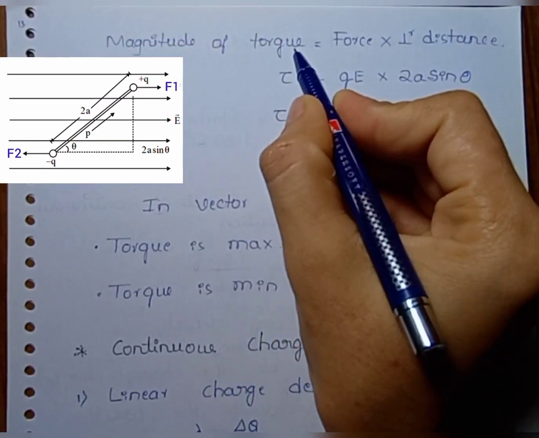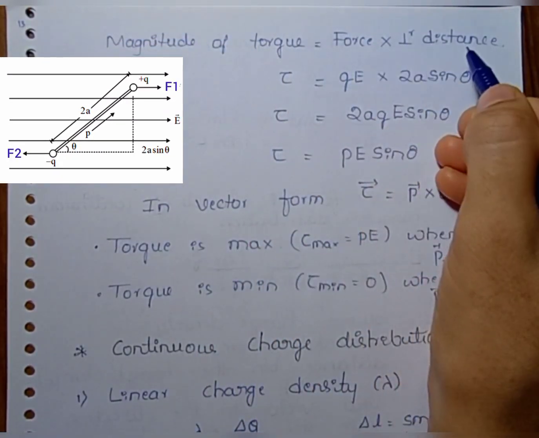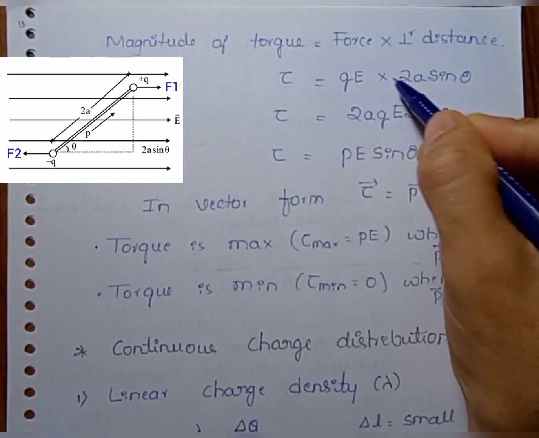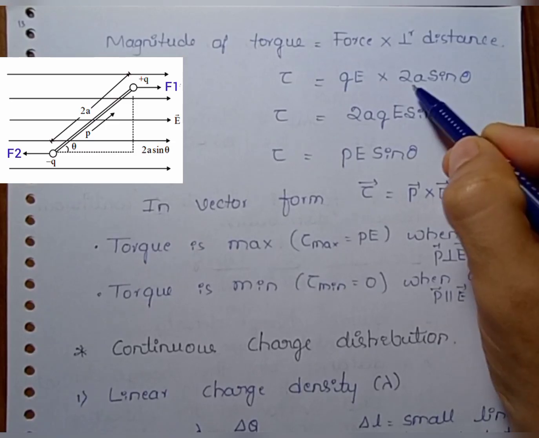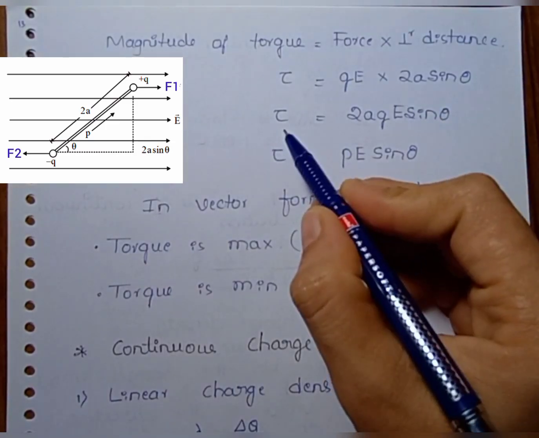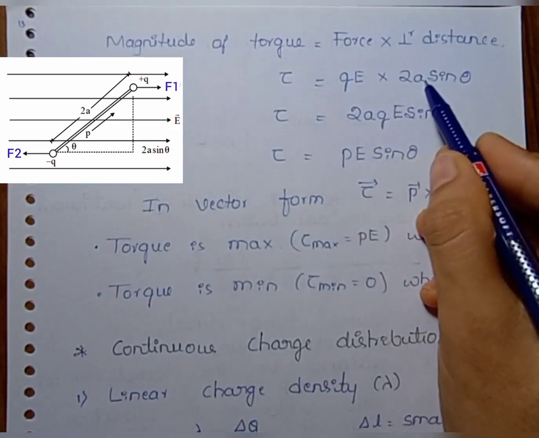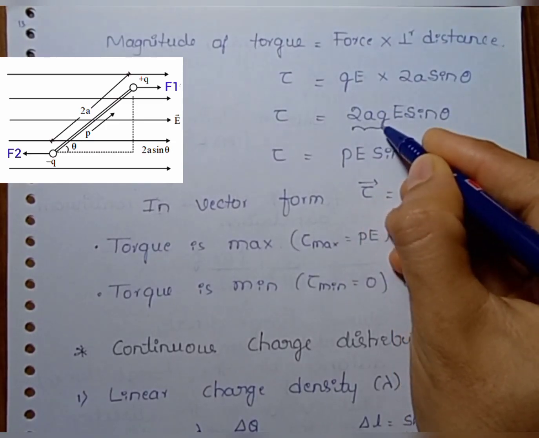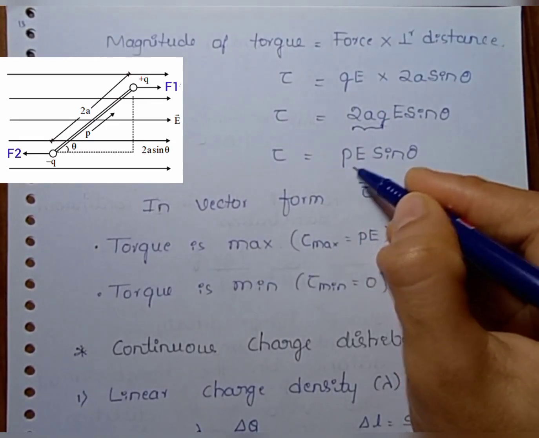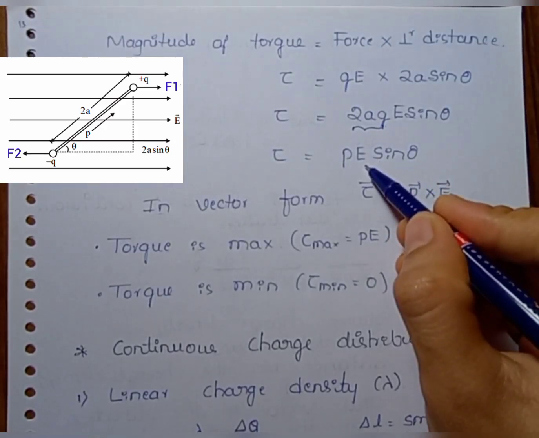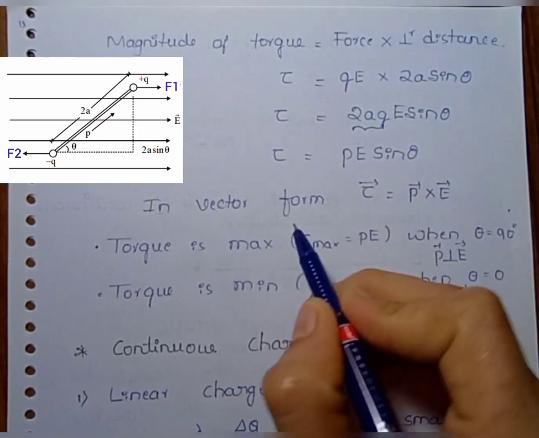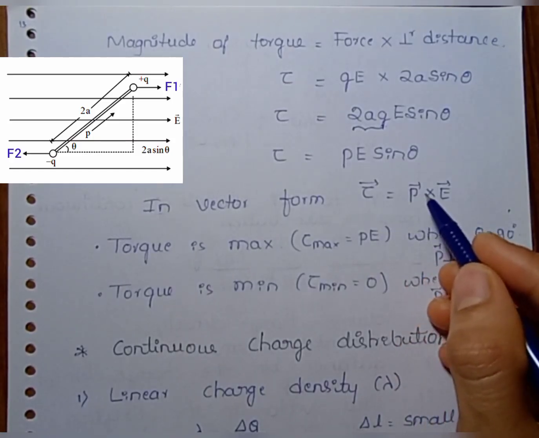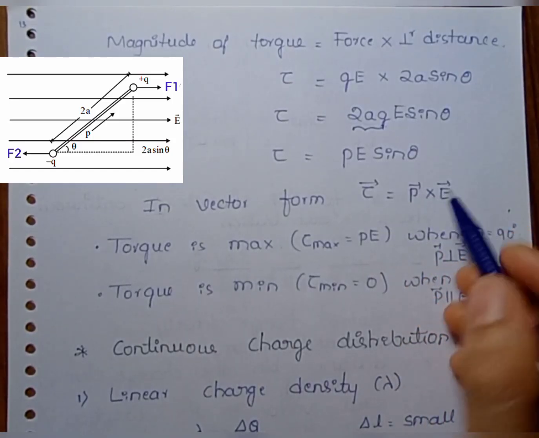Then the magnitude of torque can be written as force into perpendicular distance. Force is Q into E. Perpendicular distance is 2a into sine theta. Therefore, torque tau is equal to 2aqE sine theta. We know 2aq can be written as P, the dipole moment, so tau is P into E sine theta. In vector form, tau is equal to vector P cross vector E.